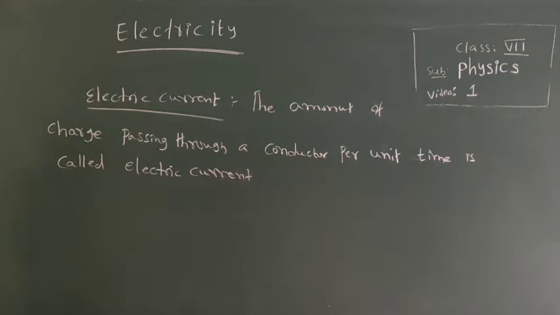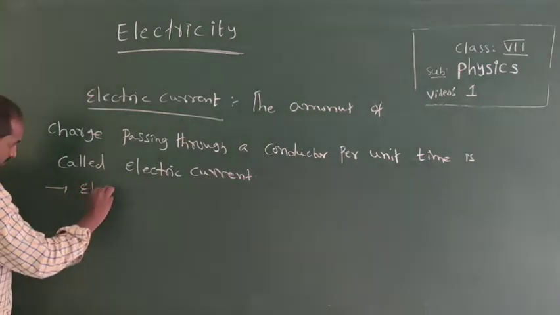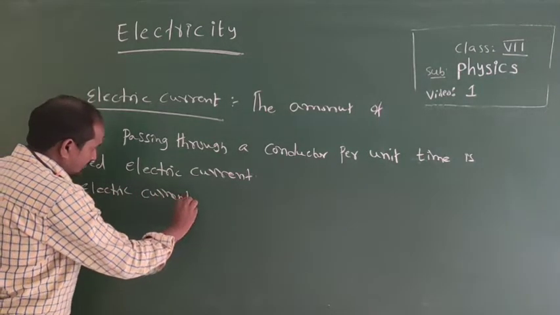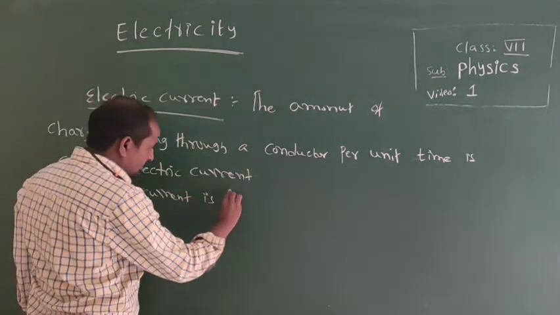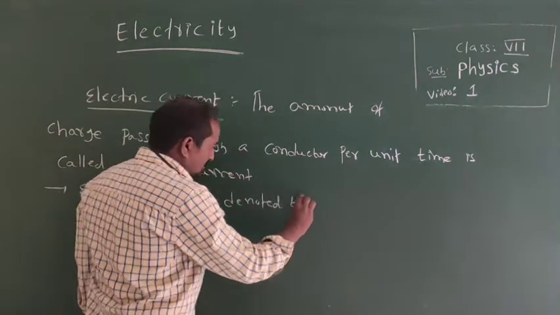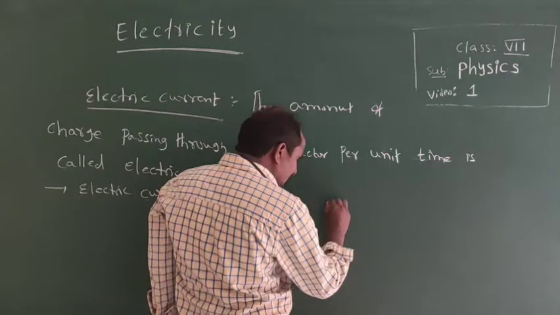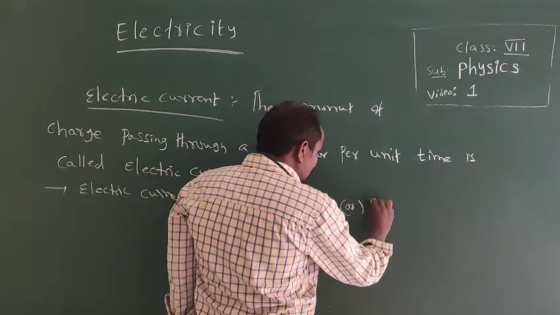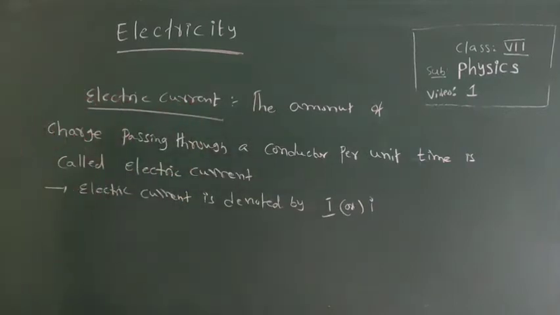Generally, electric current is denoted by the letter I, capital I or small i.